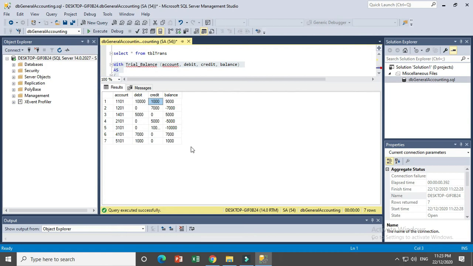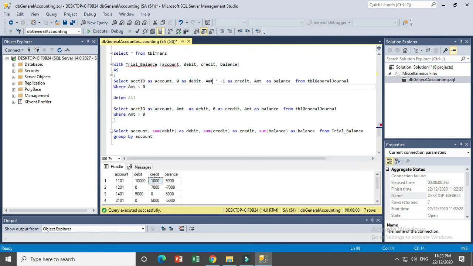We could just tweak some code here, and it could affect the balances or the reports that we're going to print out, our outputs.